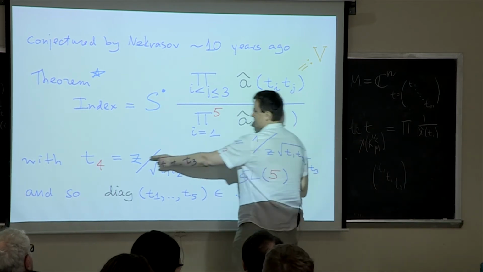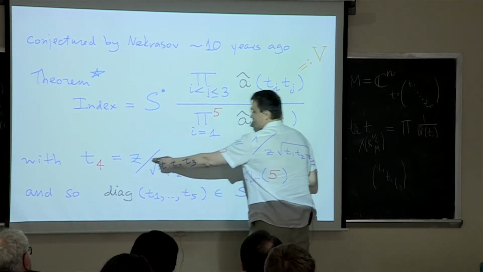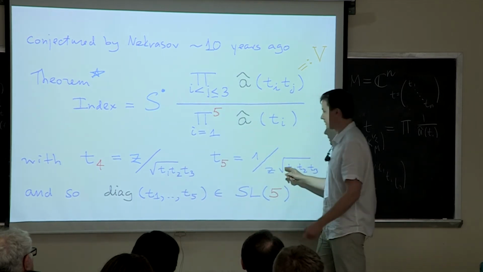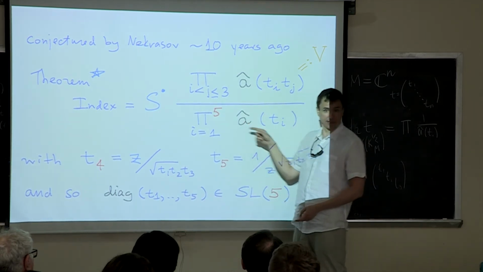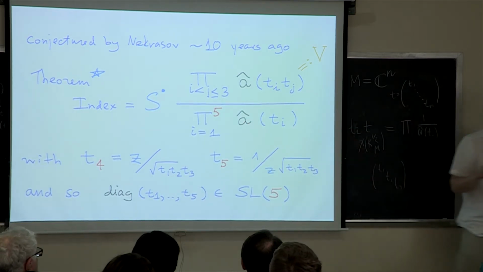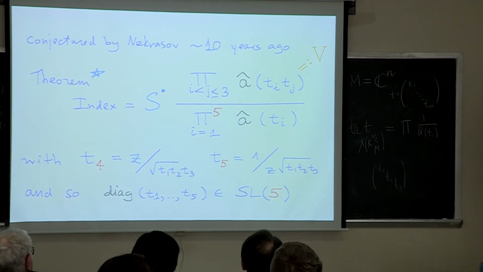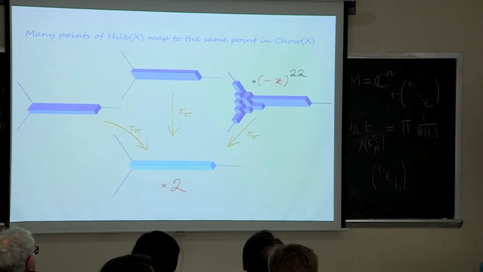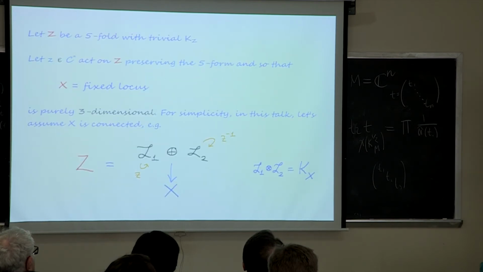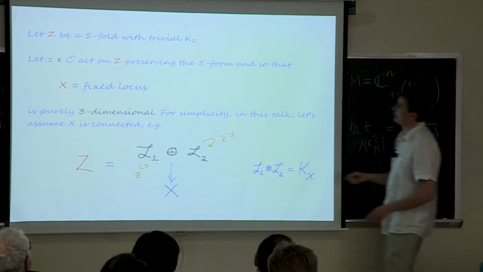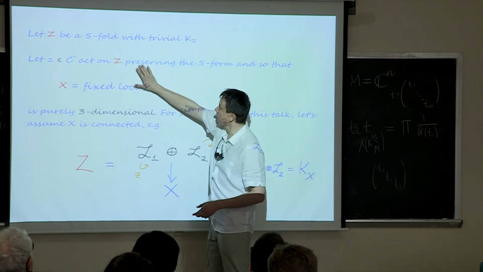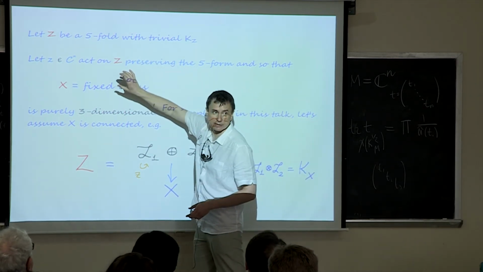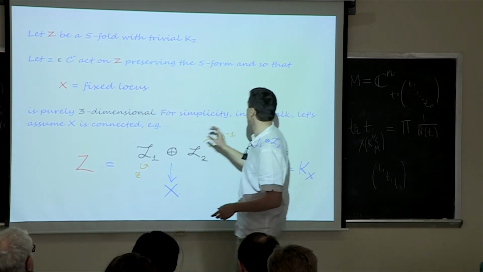And then if I take this Z fixed point, I exactly get the T1, T2, T3 directions. So I'm going to do something like this, more globally now, with a C-star action on a 5-fold such that the fixed locus is exactly 3-dimensional.